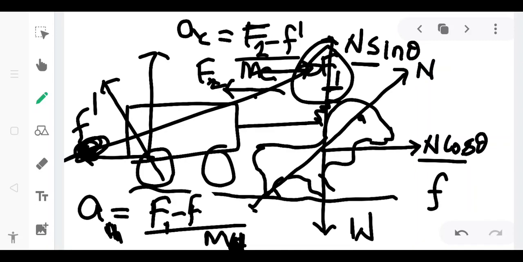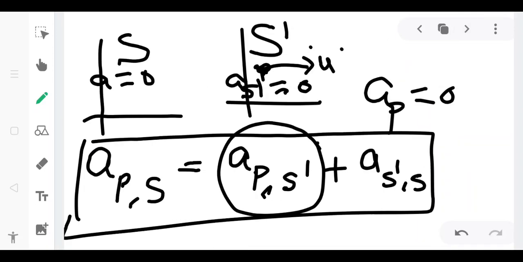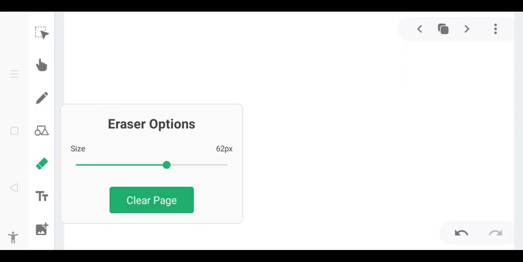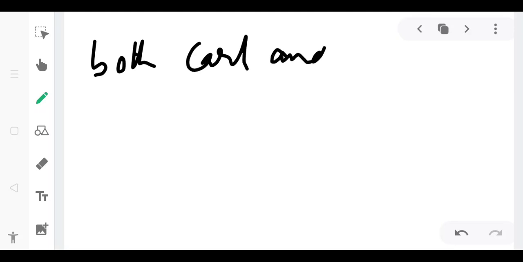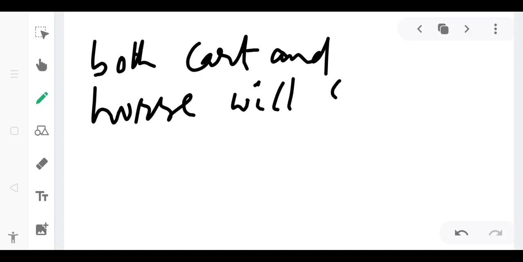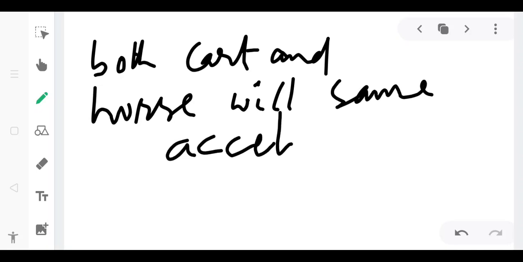See, both will have the same acceleration. Since the cart and horse both will move together, both the cart and horse will have the same acceleration.